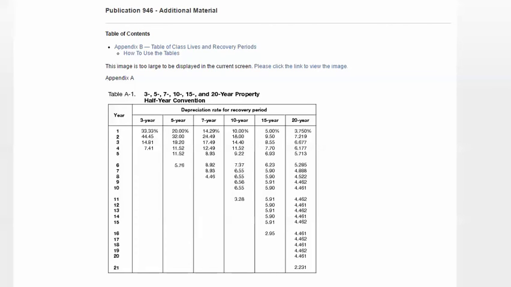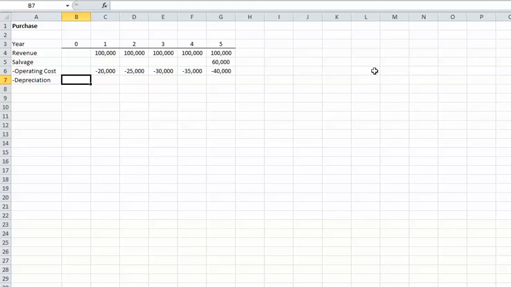So I will just read them and enter them into the Excel spreadsheet. I will calculate these here. The rate was 20%.